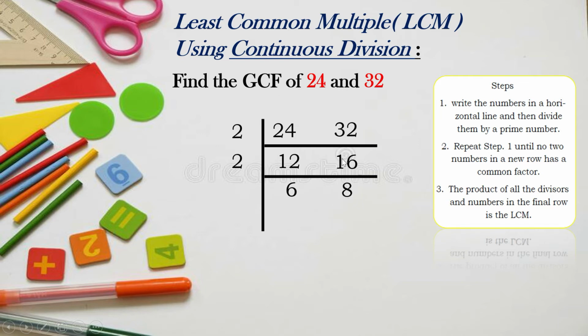Earlier, this is what we did in the GCF. It is the same process, but getting the LCM is different. Again, 6 and 8 can still be divided by 2. 6 divided by 2 is 3, and 8 divided by 2 is 4. So, we have a dividend of 3 and a dividend of 4.